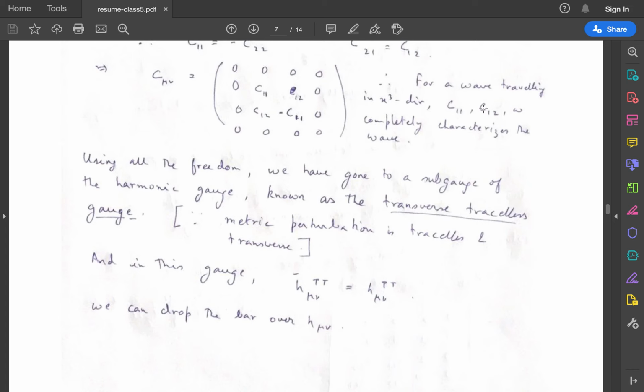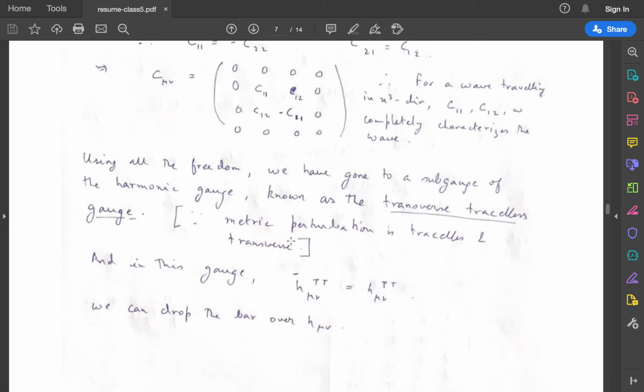So using all the freedom, we have gone to a sub-gauge of the harmonic gauge, and that is known as the transverse traceless gauge. Why is this transverse traceless? This metric perturbation is traceless, remember, C mu mu was 0, and it is transverse, that means k mu c mu nu equal to 0.